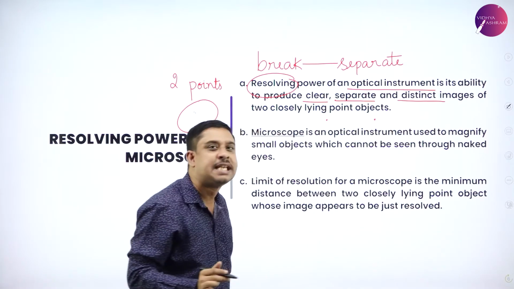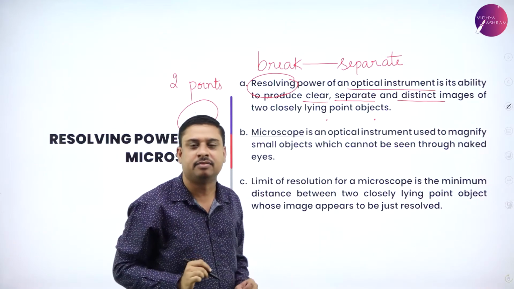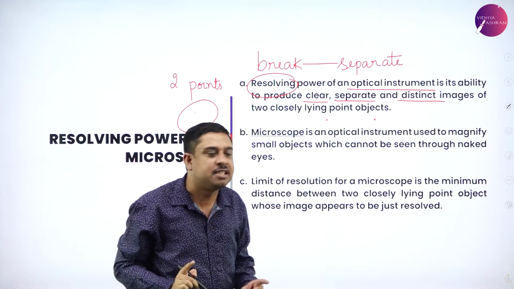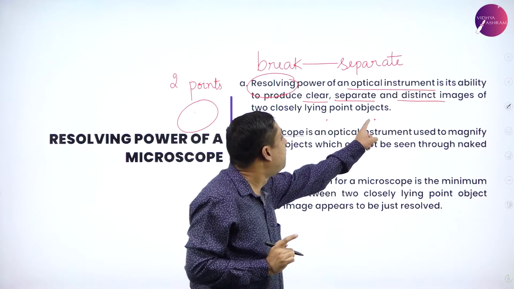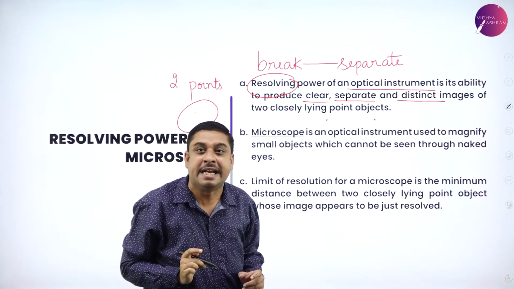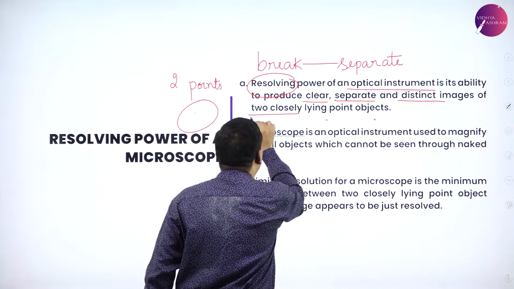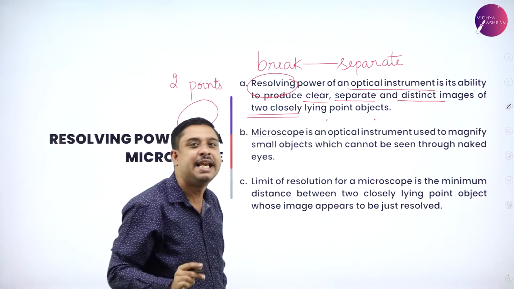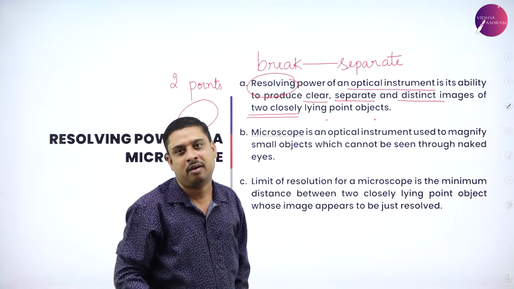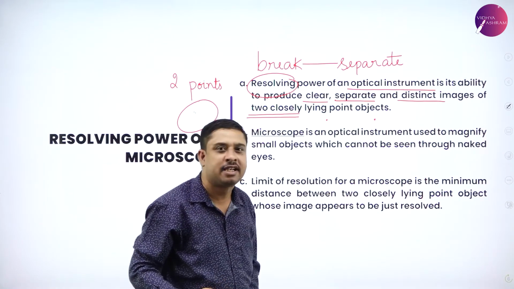The image has to be clear. The image has to be well separated, distinct, of 2 closely lying point objects.